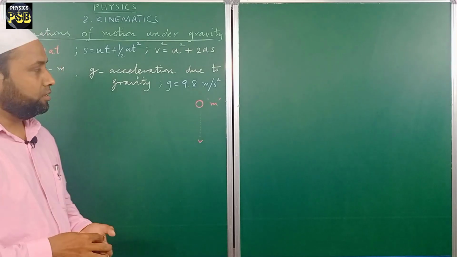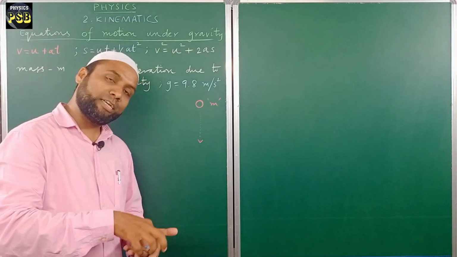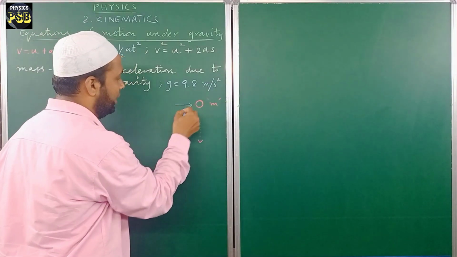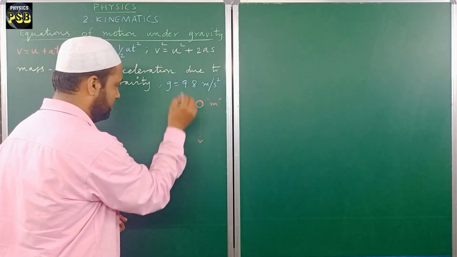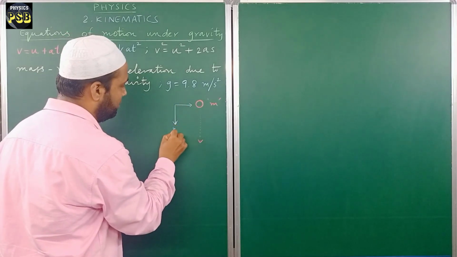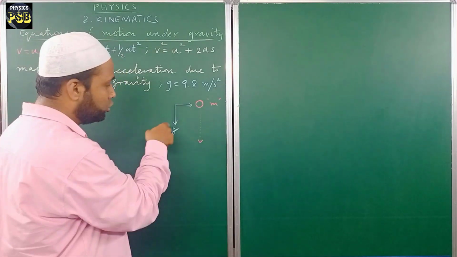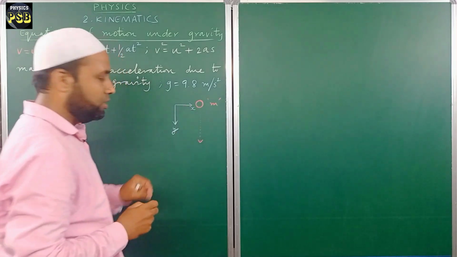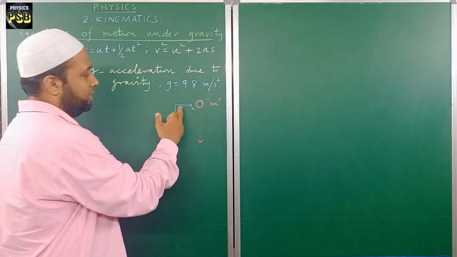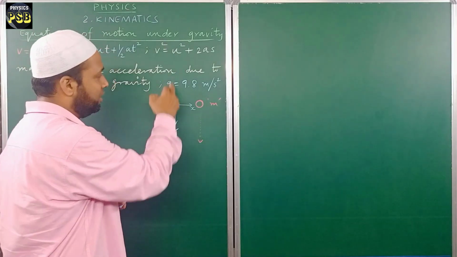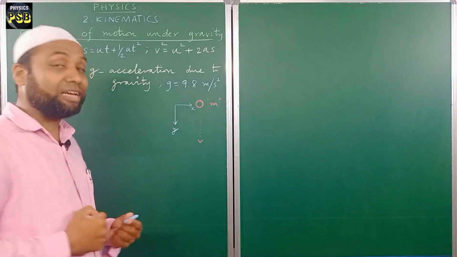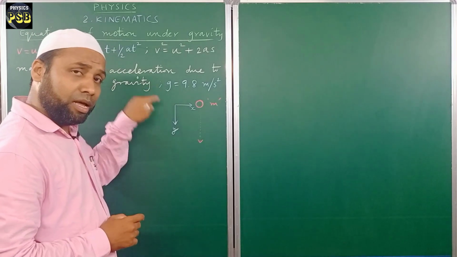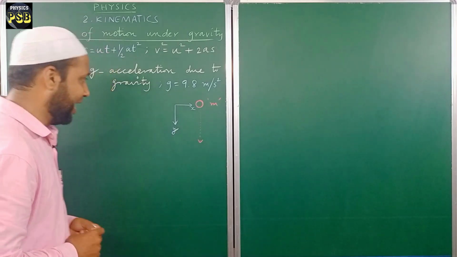For my convenience, the motion of this object is represented by a coordinate system in which I take the y-axis in the downward direction. Positive y-axis is taken in a downward direction. In general, it is taken as x-axis and the y-axis is taken in the upward direction. But here, to make my work easy, I have taken the y-axis in the downward direction. So it represents positive y-axis.